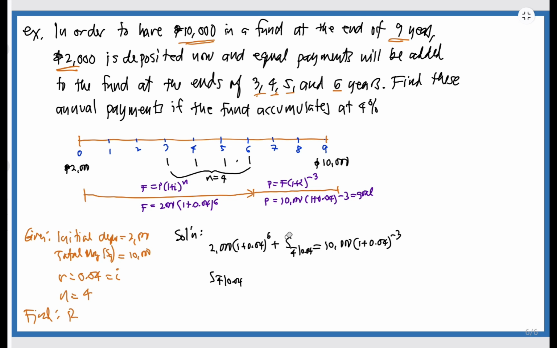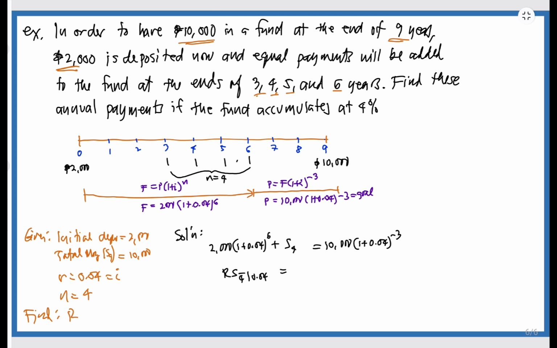Oh no, this is S4, which is equal to R times S, N which is 4, i which is 0.04, equals, what's 10,000? 10,000 times blah blah blah.